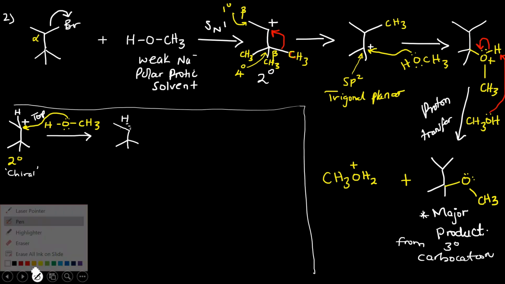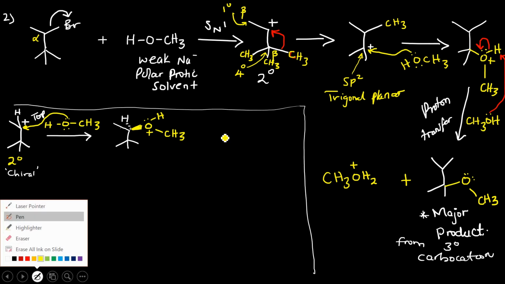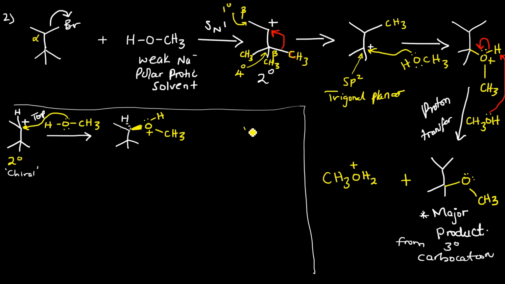Okay, and then the nucleophile attacked from the top, so I use the shaded wedge. And again, now the oxygen used its lone pair, I give it a plus sign, it has 3 bonds. So you have the other option where the nucleophile could attack from the bottom.